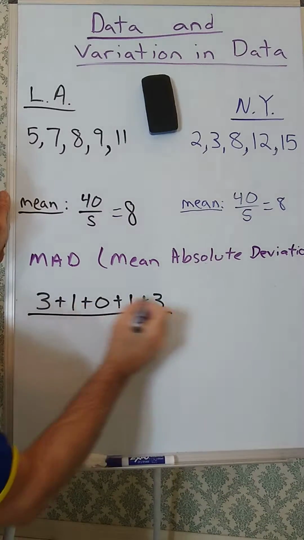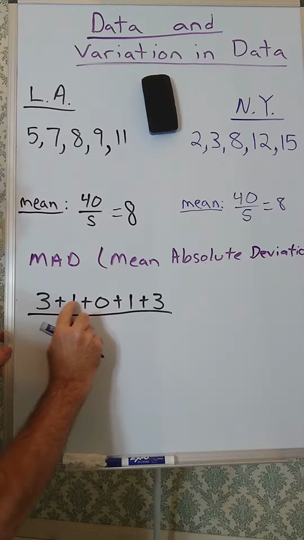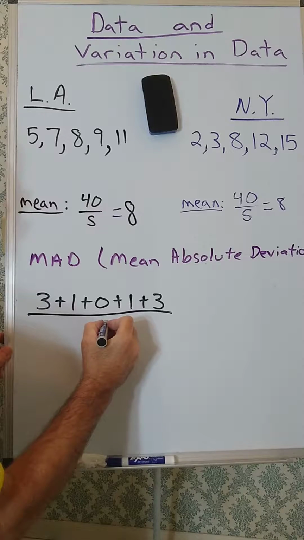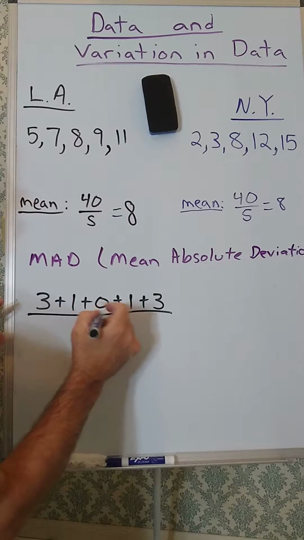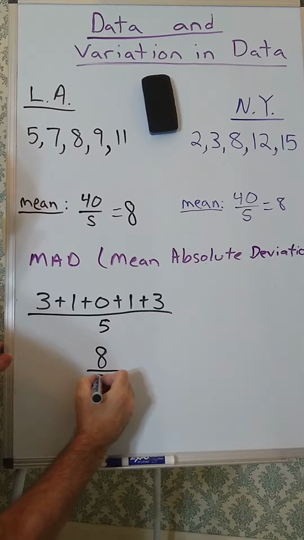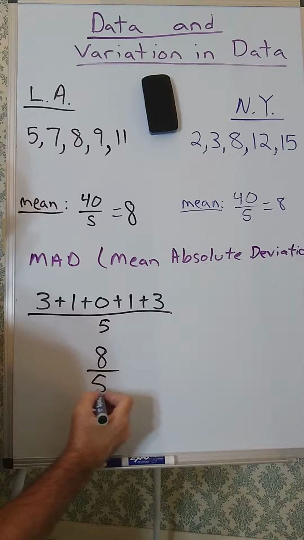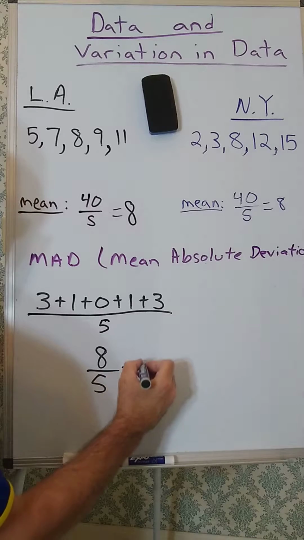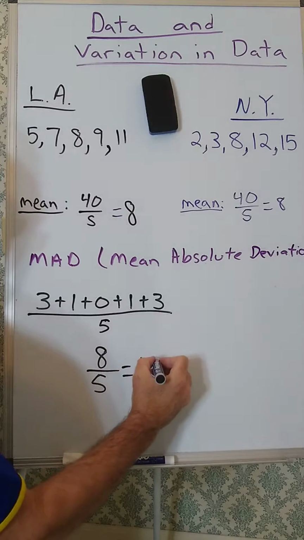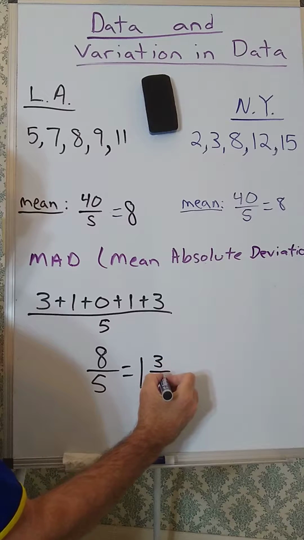So we add up these 5 numbers. We have 4 plus 4 plus 0, so it's going to be 8, and we divide by how many there are, and there are 5. So we're going to have 8 over 5, which is 1 whole, and then 3/5 more to make 8/5.